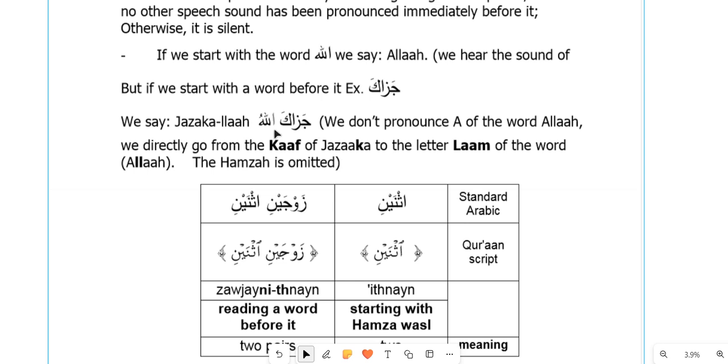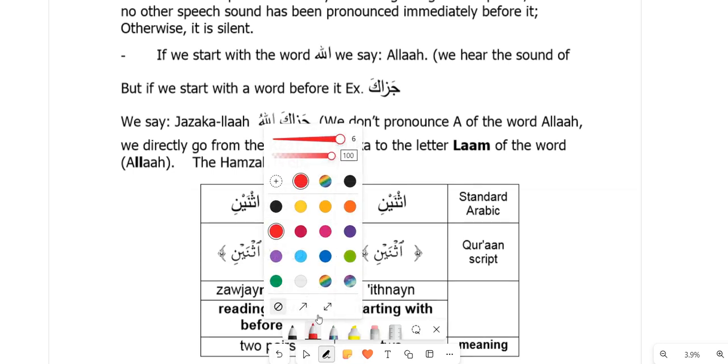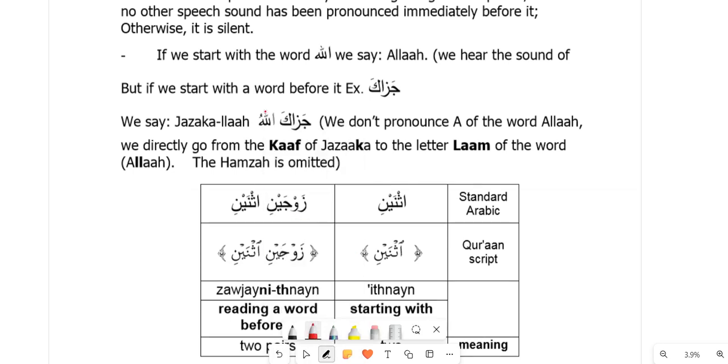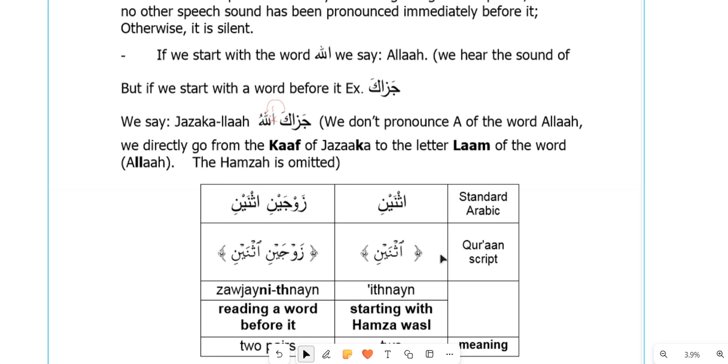No. I went straight from kaf over to the lam. I am completely omitting the hamzatul wasl and the lam with sukoon. Completely omitting, as I can make it clearer for you.